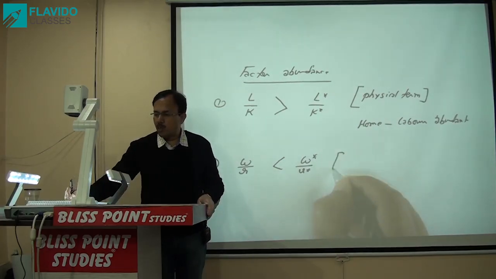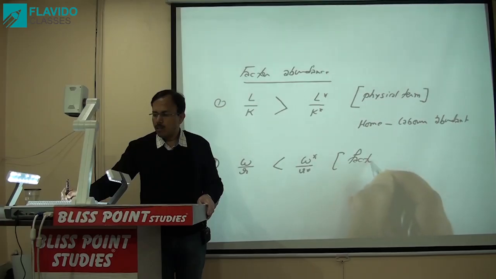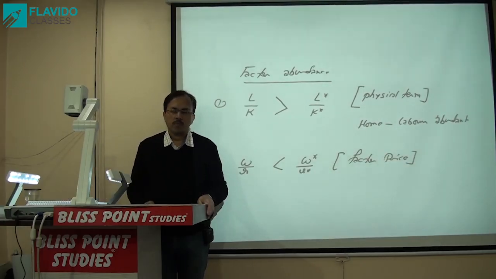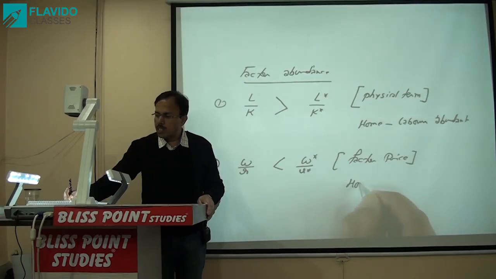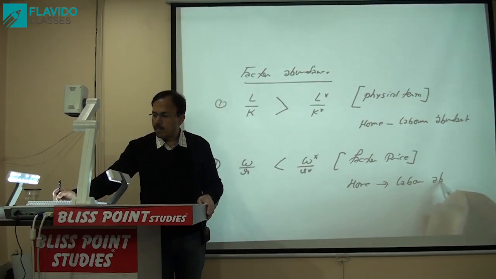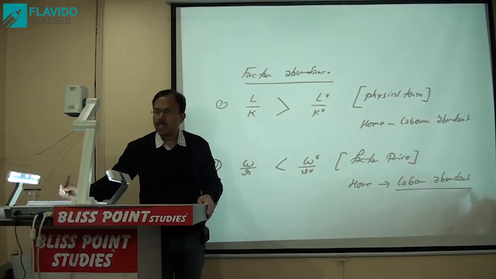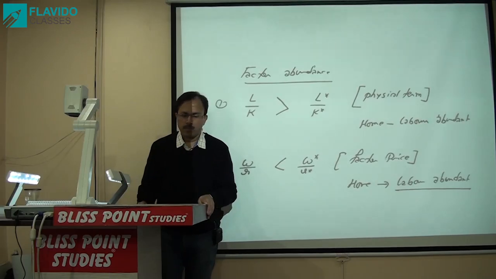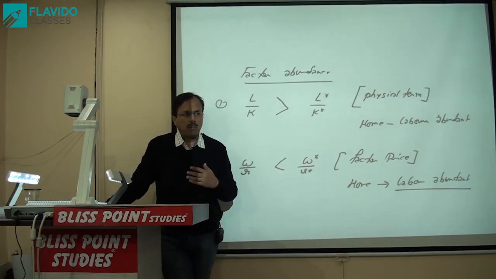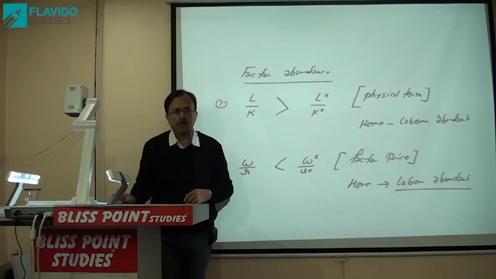But this is a definition on the basis of factor price. Here also we see that the home country is labor abundant. So factor abundance has been explained in two terms: one, physical term, second, factor price term.